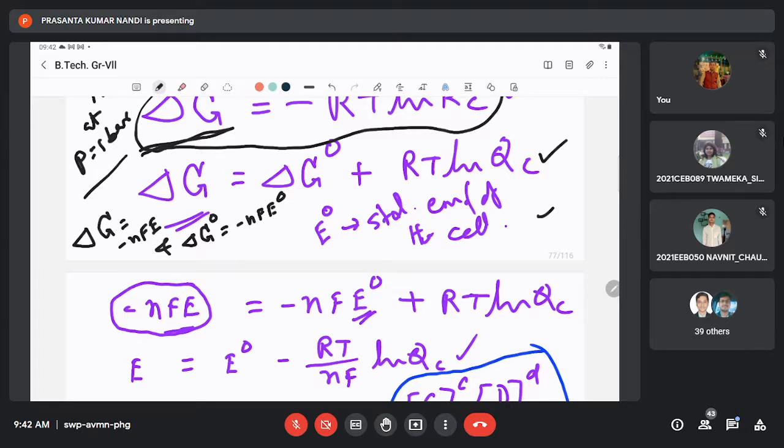So we have written minus nFE equal to minus nFE0 plus RT ln Qc.